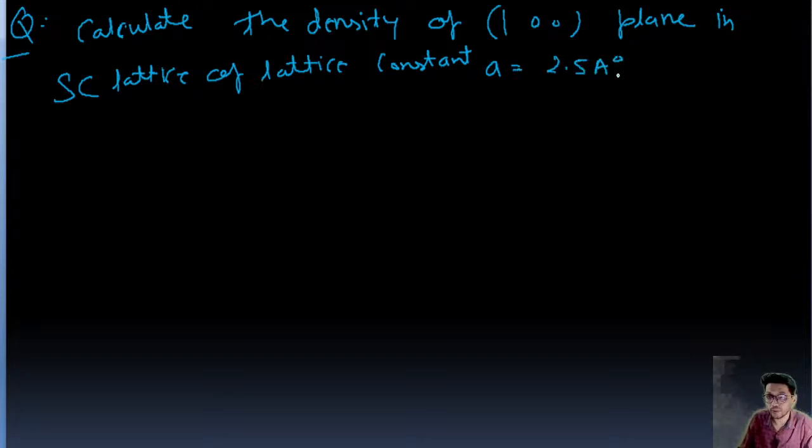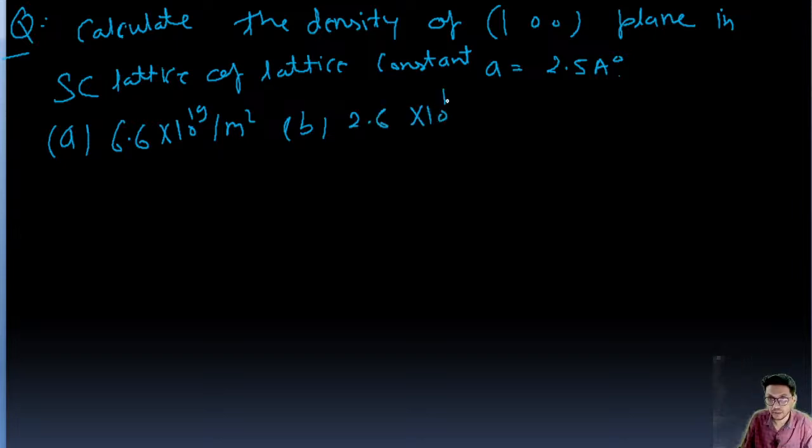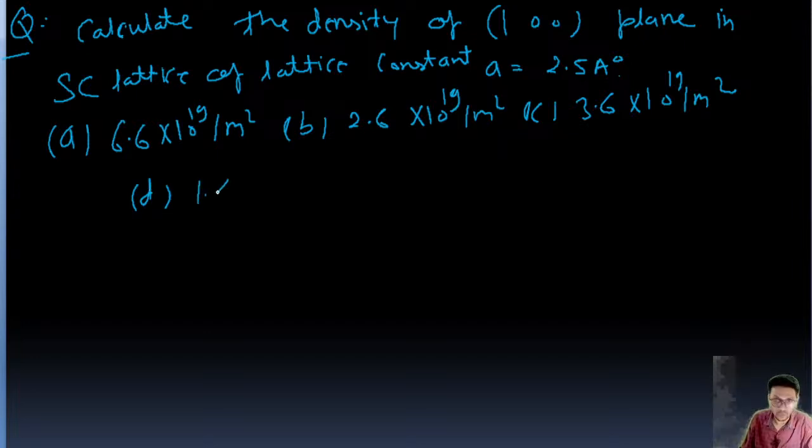Options are: option A is 6.6 into 10 to the power 19 per meter square. Option B is 2.6 into 10 to the power 19 per meter square, and option C is 3.6 into 10 to the power 19 per meter square. Option D is 1.6 into 10 to the power 29 per meter square.